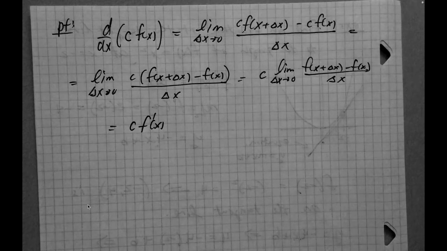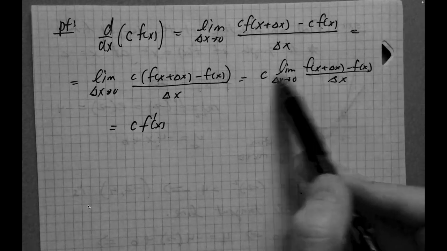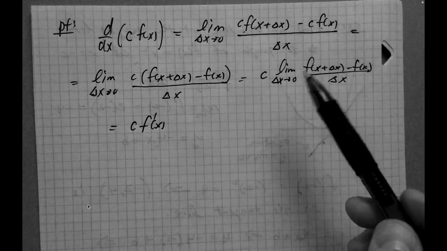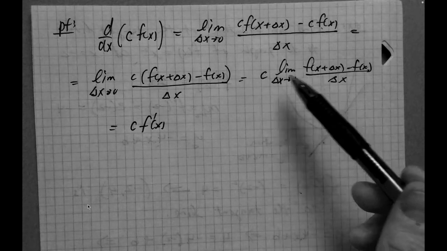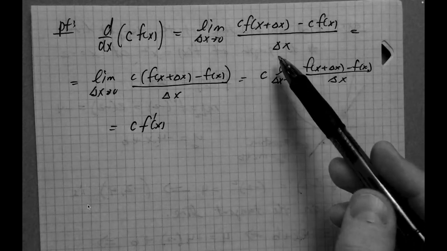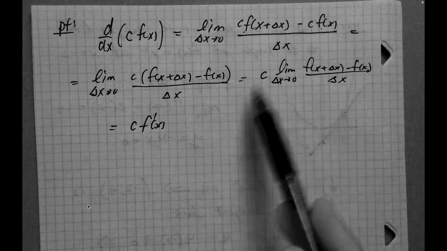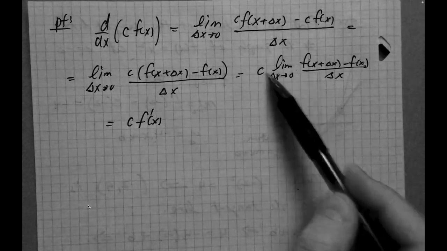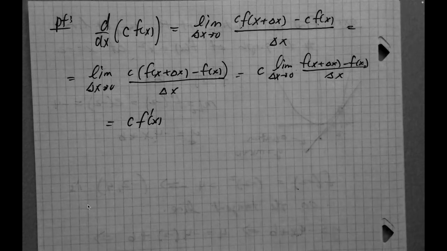So the fact that this works depends on limits having this property where you can pull a constant outside of a limit and then multiply afterwards, right? And that feature extends to the derivative by way of the fact that a derivative is based on a limit. All right.